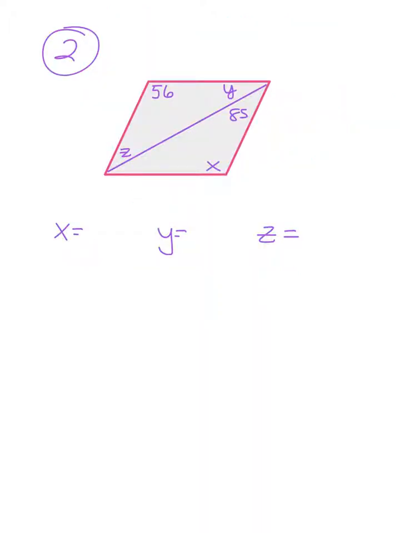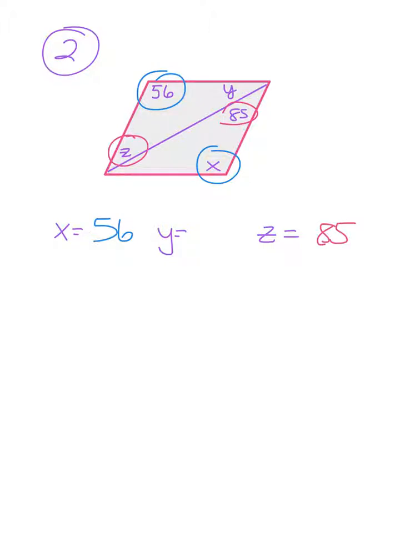In looking at our next example, again, I notice that I have opposite angles, so they're congruent, so that gives X a value of 56. I also know, remember we have parallel lines on either side, that Z and 85 are alternate interior angles. So that means that they're congruent, so that gives Z a value of 85.